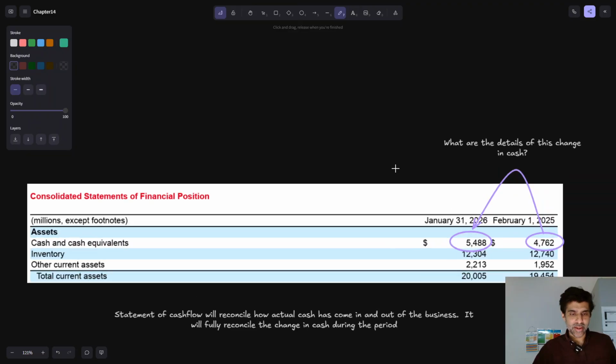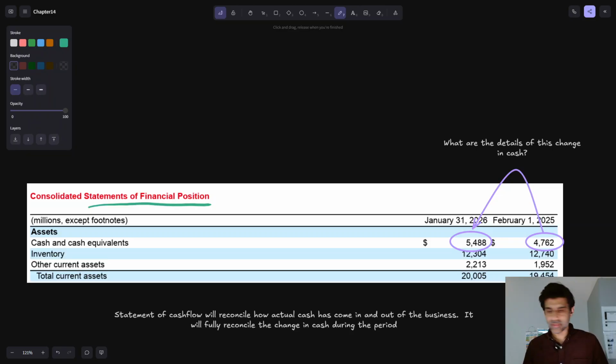What are we trying to do here? Okay, this is part of a balance sheet. Statement of financial position is another name for balance sheet. I forgot what company this is, Target or something. You can see from one year to another, the cash balance has changed.